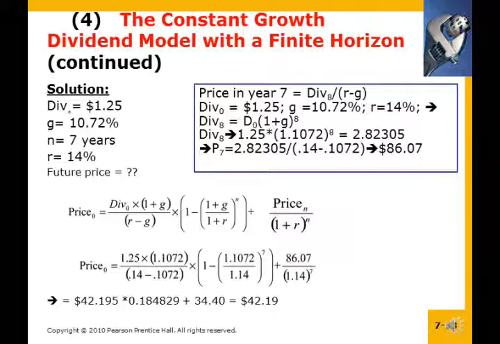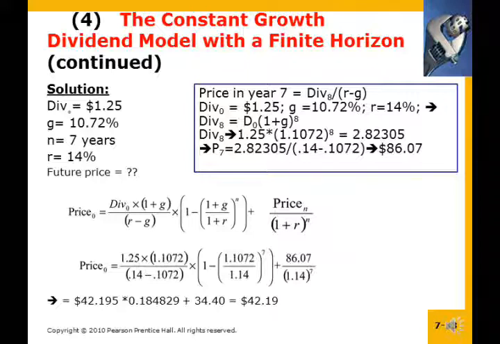No. You have to calculate dividend 8. How to calculate dividend 8? You will depend on the rule: dividend T equal dividend naught times 1 plus G to the power T. So here dividend 8 will be equal to dividend naught times 1 plus G to the power 8.